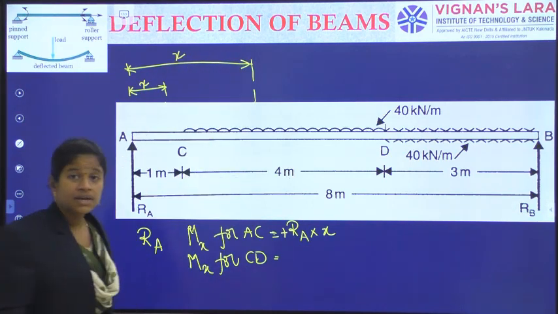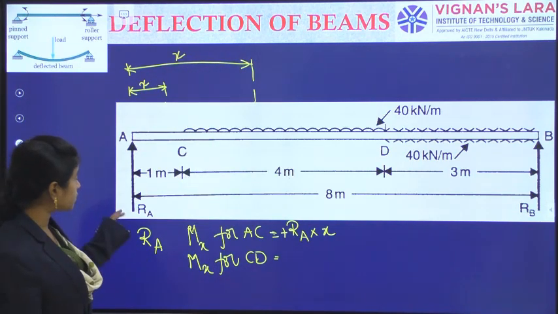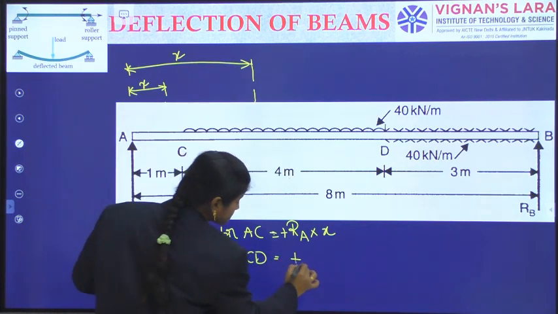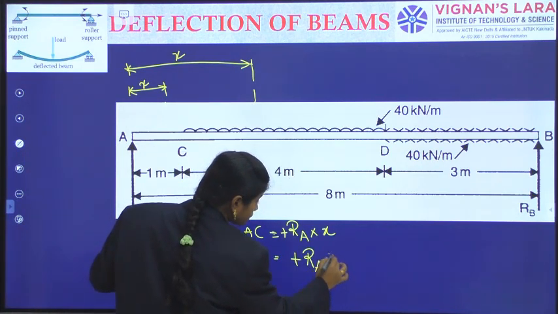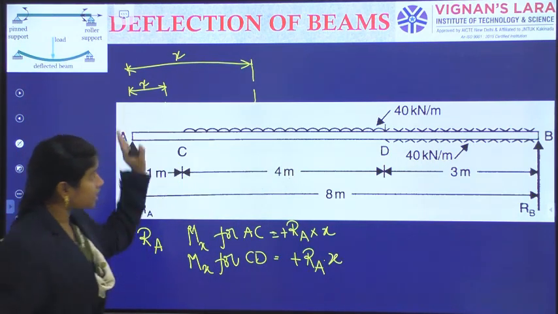When we are writing the MX equation for CD, what is it? That is plus RA into X.